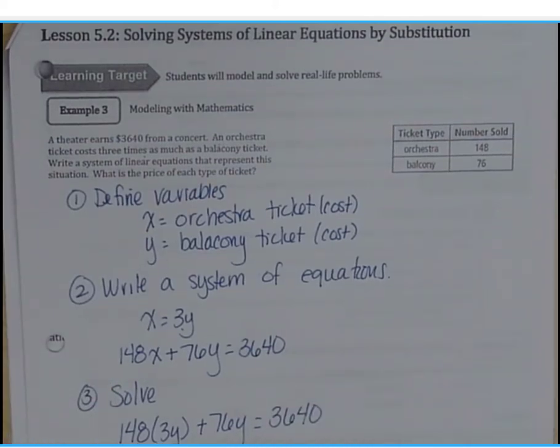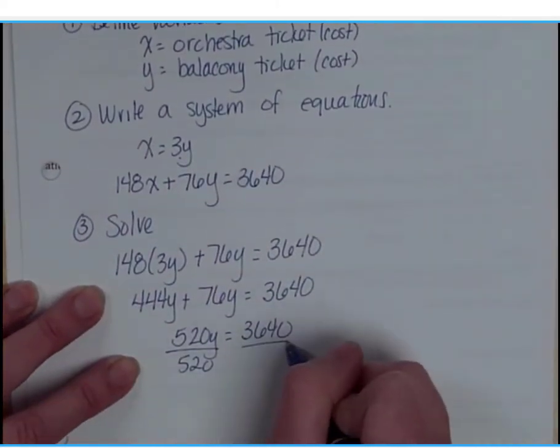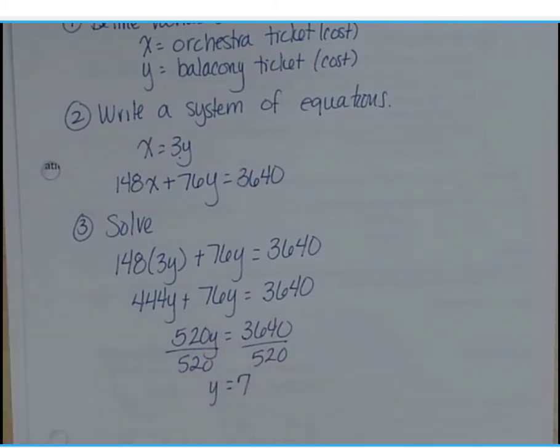So let's see, 148 times 3, that's 444y, plus 76y gives me 3,640. Combine my like terms, 520y equals 3,640. I'm now going to solve for y. So y equals 7.